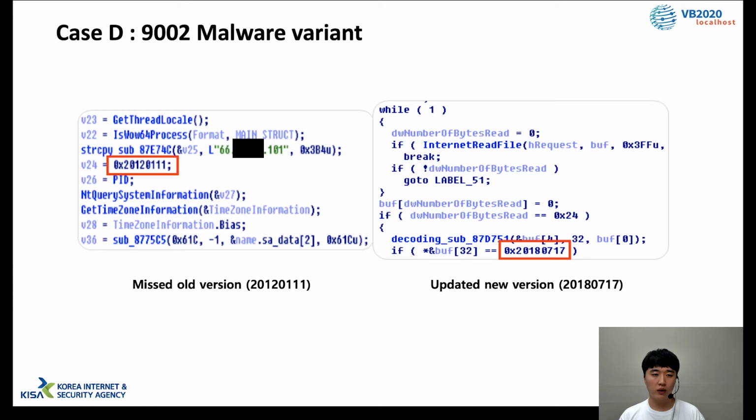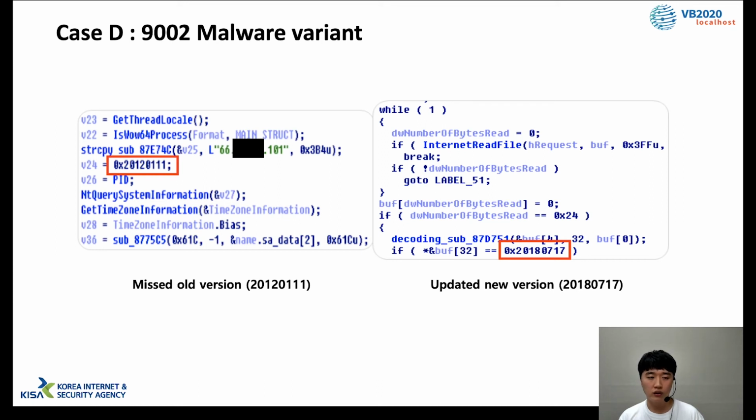The final malware executed from a malicious update file was a variant of the 9002 RAT. This malware was first found in Operation Aurora in 2009 and is known to be the malware used by group APT17. And we found an attacker's mistake in the malware.